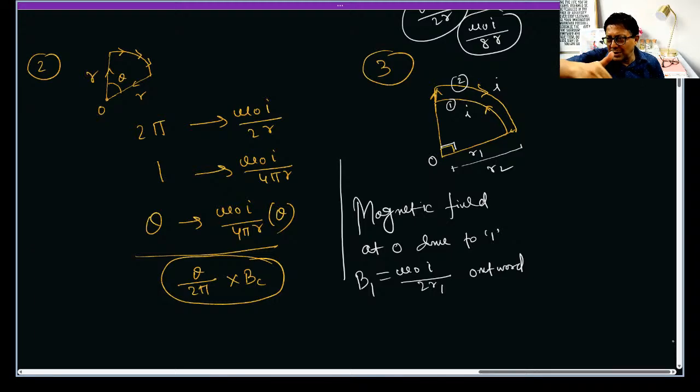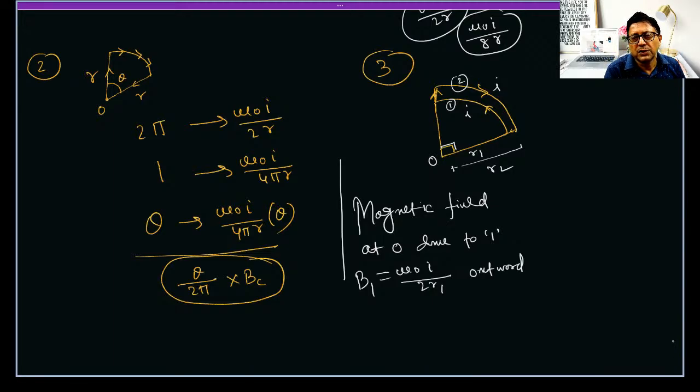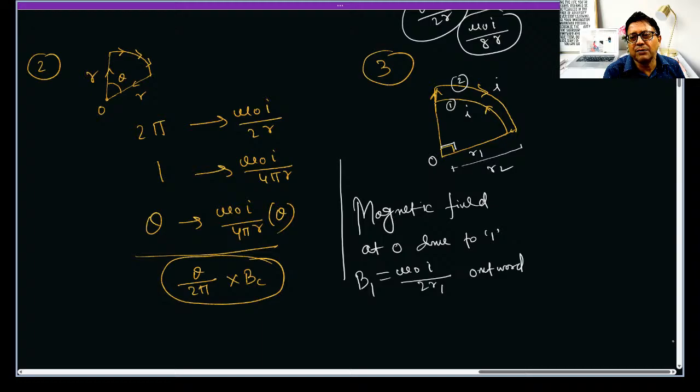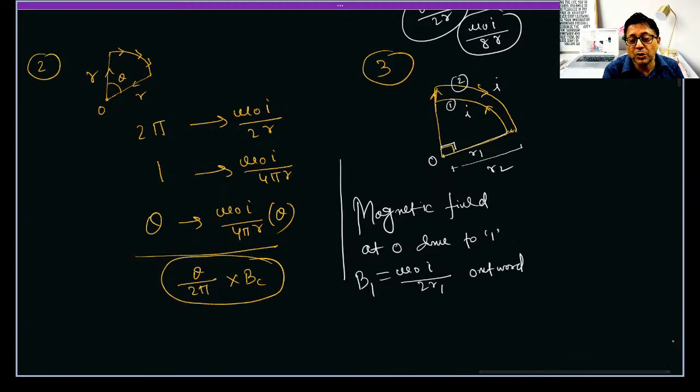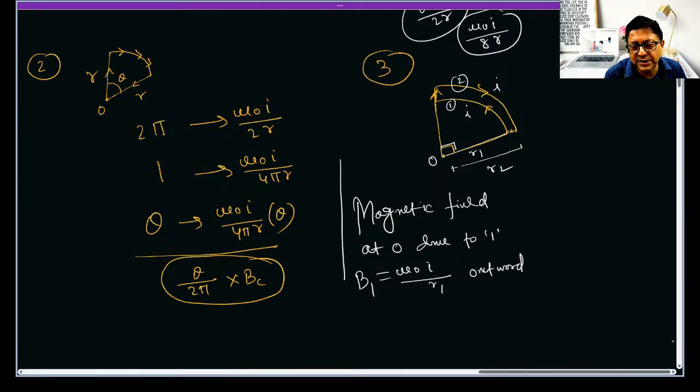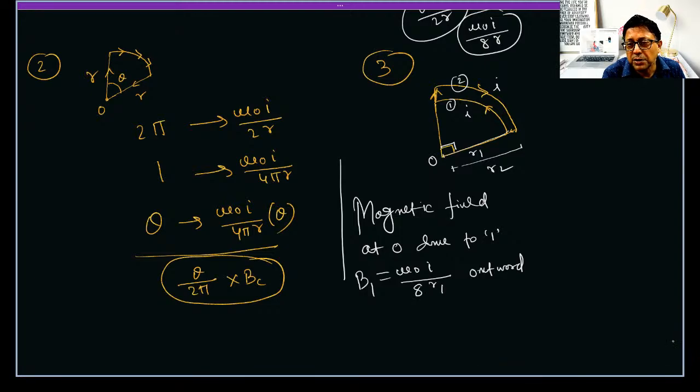It's coming outward towards me because with respect to me it is appearing anti-clockwise. This part we have taken R1. Oh sorry, it is 8R. I wrote 8R up. This will be mu0 I by 8R1 outward.